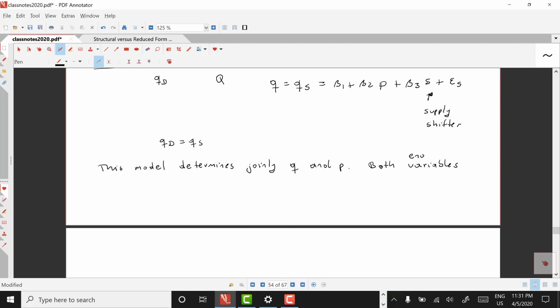Both endogenous variables are in both equations.